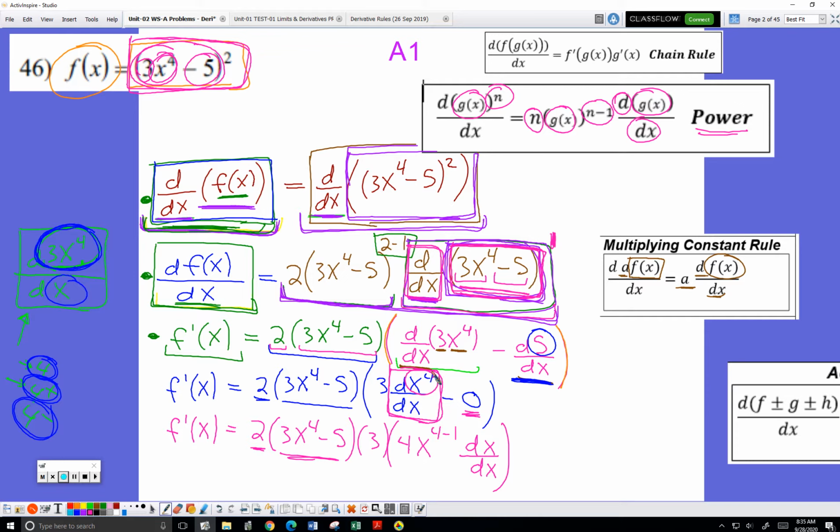Please, John. Where did you get that coefficient 4x on the bottom? Where's the 4 come from? So right here, I had d over dx, the derivative operator, applied to x to the 4th. So I looked up and said, that's the power rule that I'm going to use. The g in this case is x.